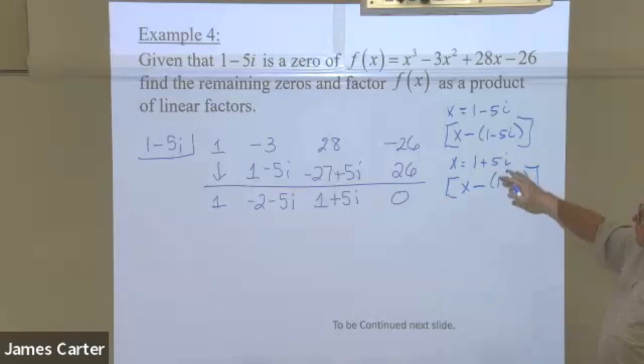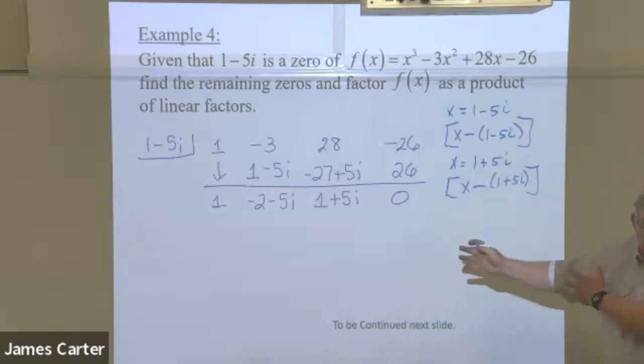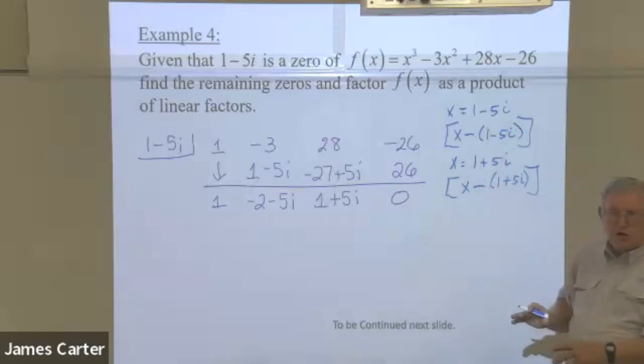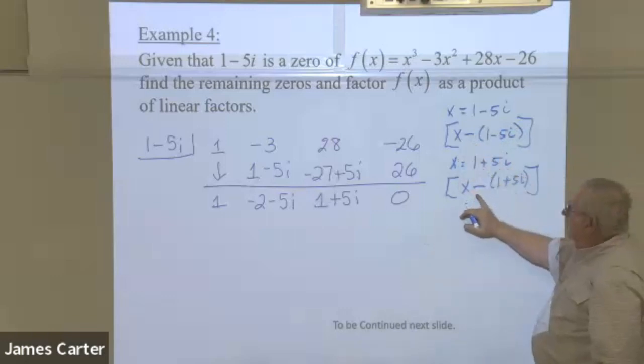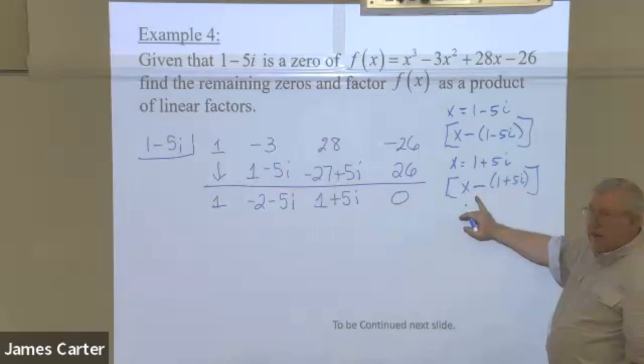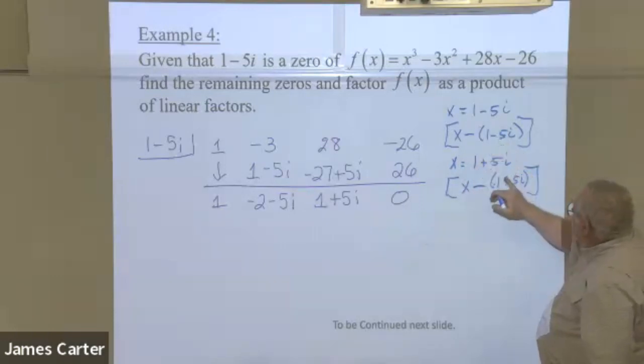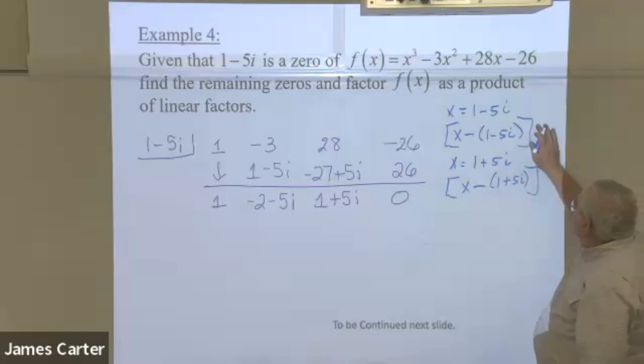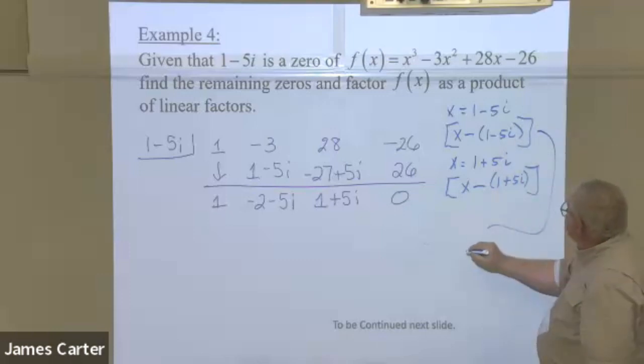Okay. If the problem in this case were to multiply out the factors to get the equation, that's not what this problem is asking. But I want to say this right now because I'm starting to run short on time. Notice that both of these are minuses out here. Your conjugate part is inside the parentheses. Now, eventually, these two will simplify.